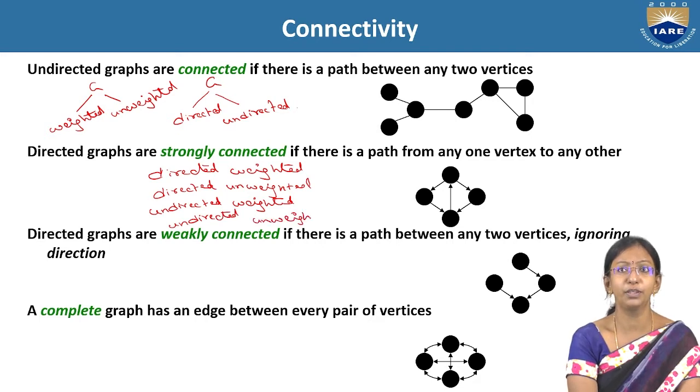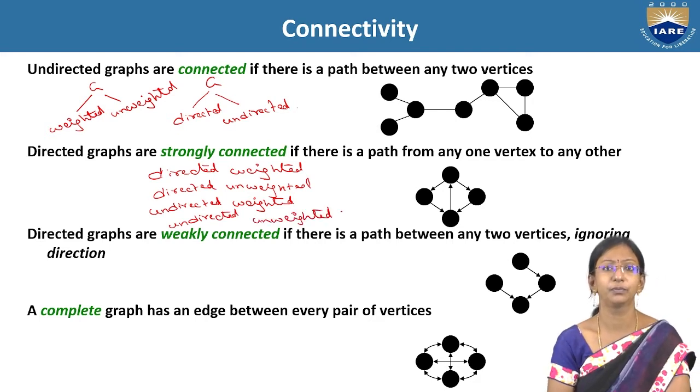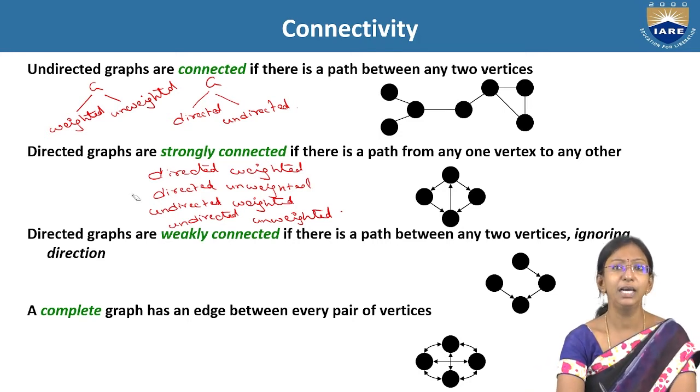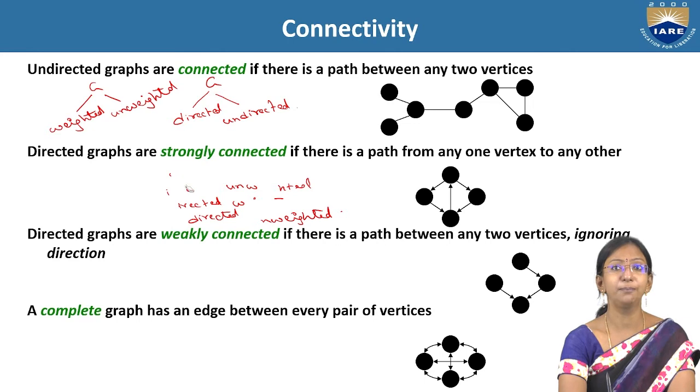All four combinations you can have, right? Based upon the combinations, we talk about connectivity. I hope I'm clear with the concept of the different types of graphs that we can have.